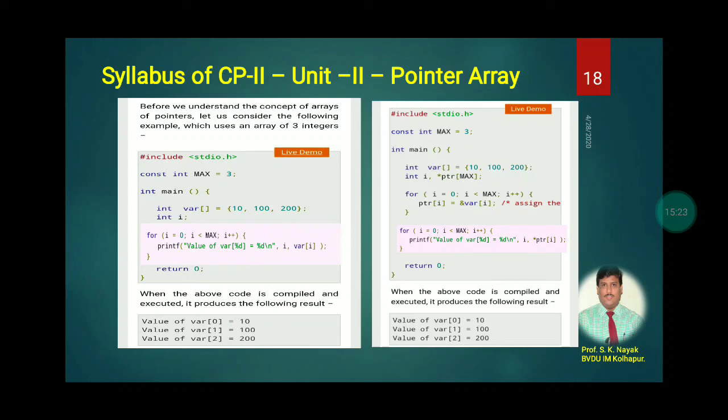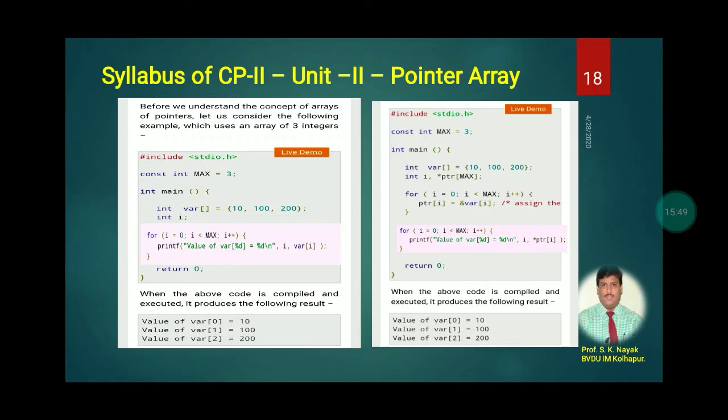Now in the second for loop, for printing purposes we have to print these values. In this for loop you will find I equal to 0, I less than or equal to max, I plus plus, and printf of value of var %d, that means the index value of the array, and the second %d is for the pointer, the value that we can display through the pointer.